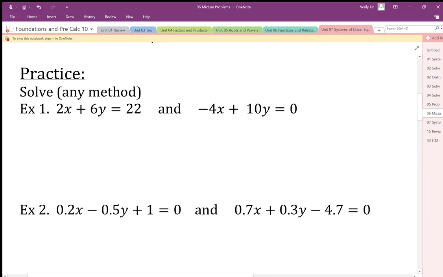It looks like here that I can make the coefficients of x equal fairly easily. If I number the equations, just to keep track of them, I can multiply equation 1 by 2.